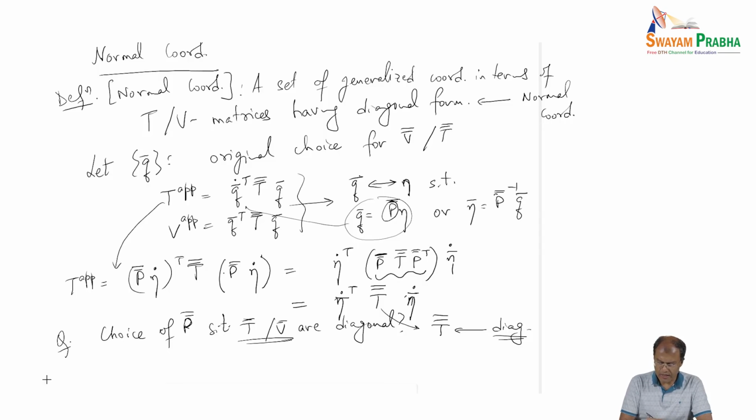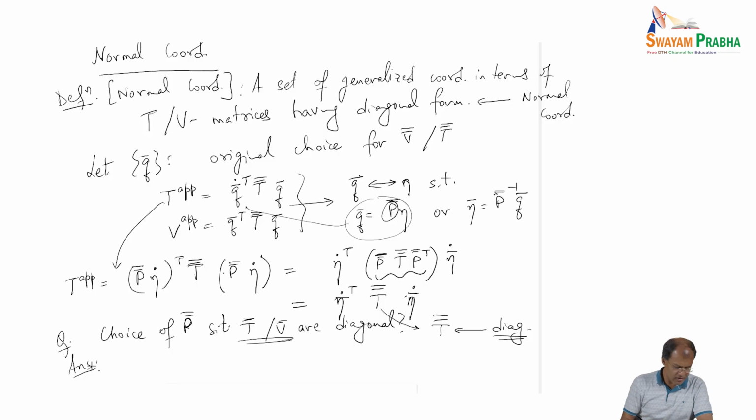So how to do that? It turns out the answer is we choose the eigenvectors A_j as the columns of the matrix P, and that P will work.